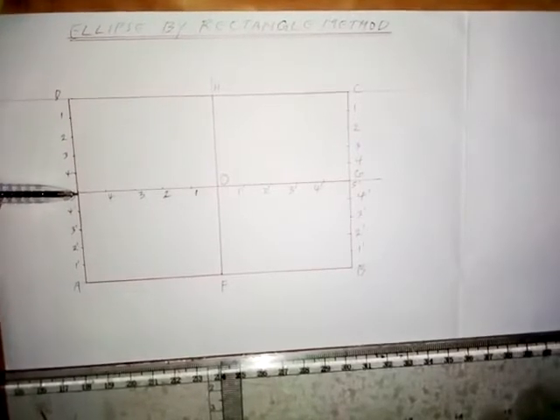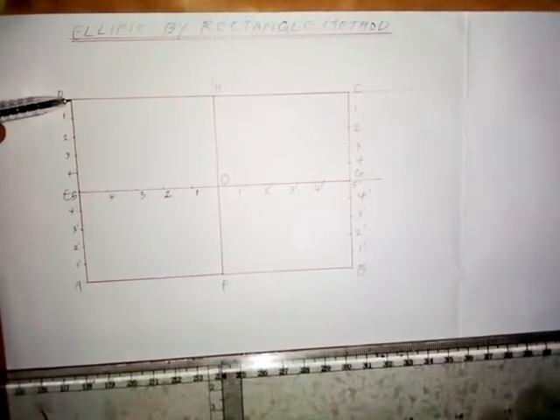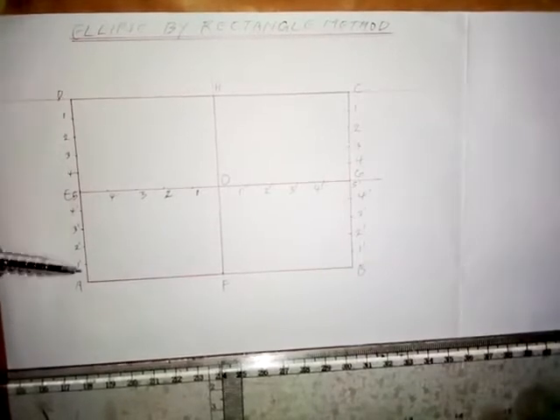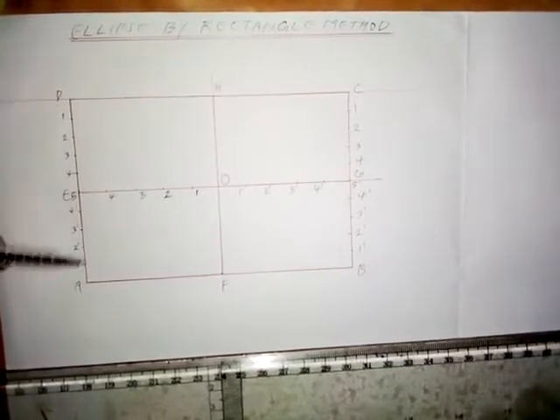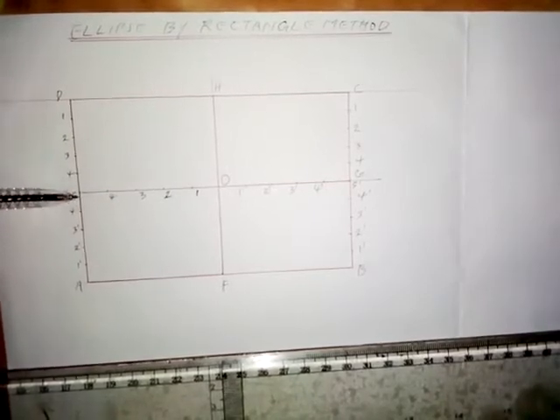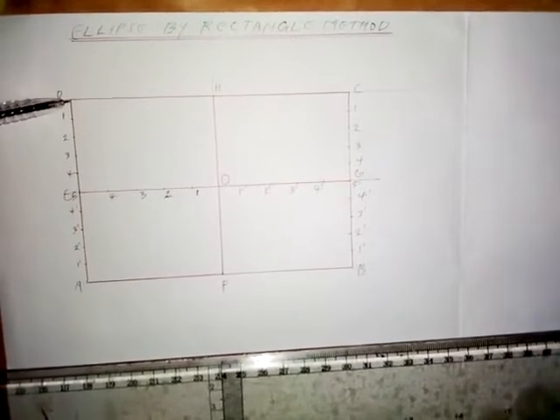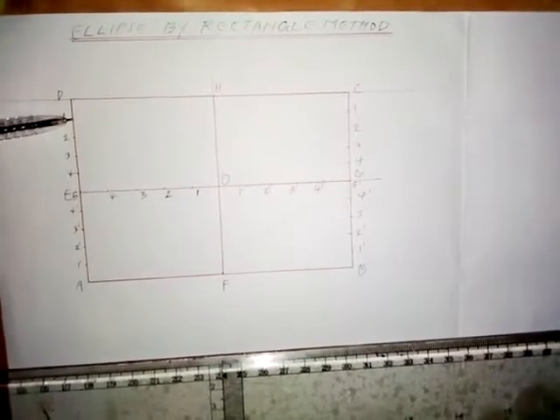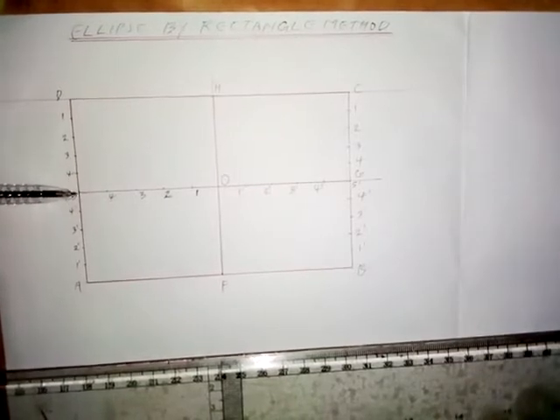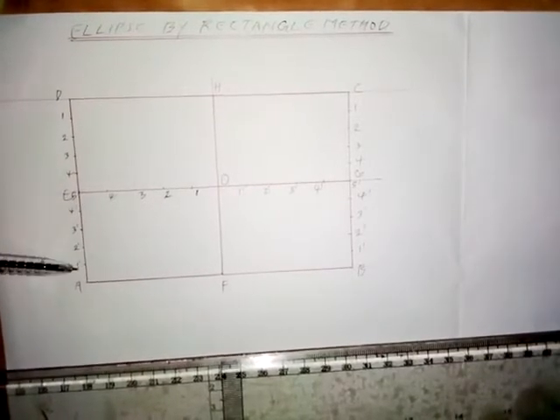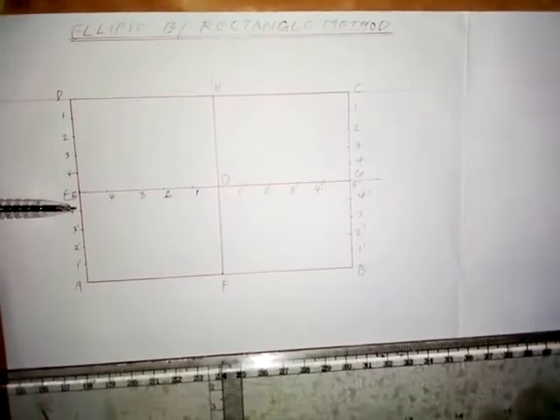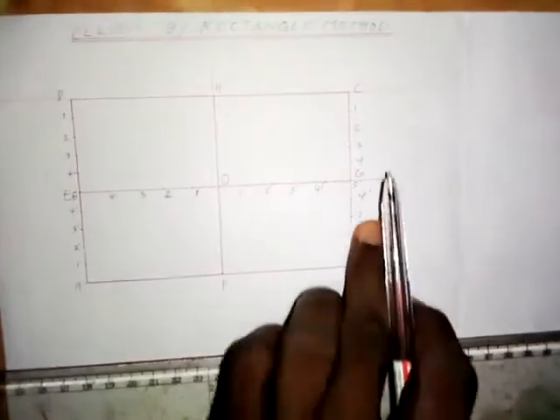So distance from here to here is 40 millimeters. So our minor axis is 80 millimeters, or the rise is 80 millimeters. So distance DE is 40 millimeters. So divide this 40 into 5 equal parts. I've done that. This is 1, 2, 3, 4, 5. Then you do the same thing here. This is 1 prime, 2 prime, 3 prime, 4 prime, and then I also do the same thing on this side.